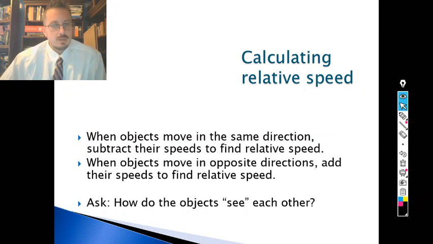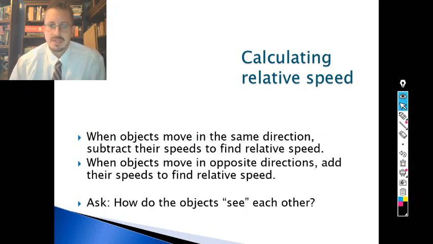If those objects are moving in opposite directions, though, we're going to add their speeds to find relative speed. This would be an example of two cars passing each other on the interstate, each one going 70 miles an hour, and each car would see the other car going 140 miles per hour, because each one is speeding towards the other one at 70 miles per hour. Or 70 meters per second, if you will, in physics class. So you want to ask yourself, for calculating relative speed, how do the objects see each other?